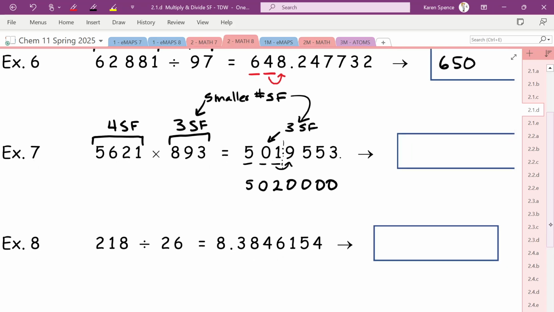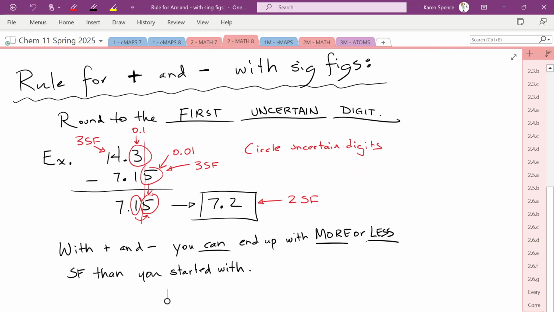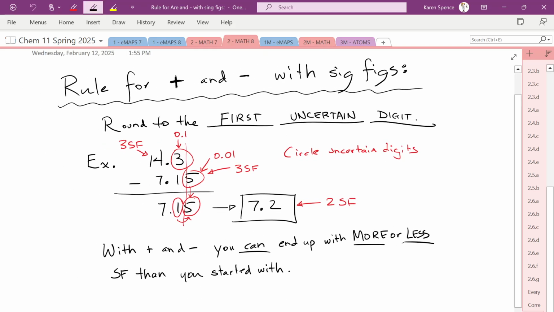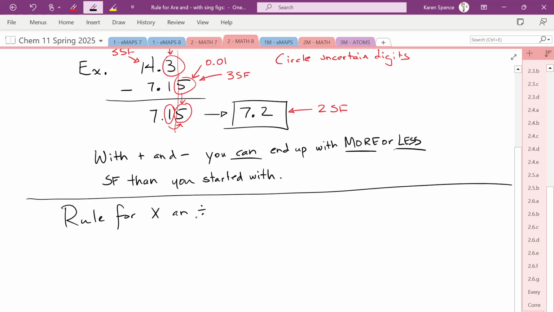So on our little notes that we took earlier, if you were taking those notes, we're going to say, here is our rule for adding and subtracting: round to the first uncertain digit. But the rule for multiplying and dividing, is it round to the first uncertain digit?